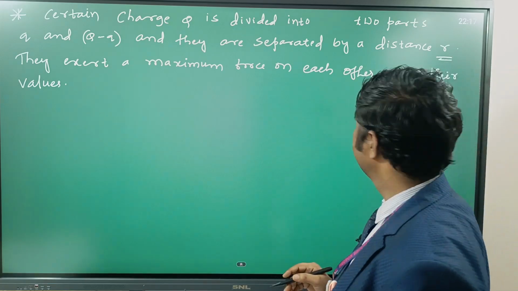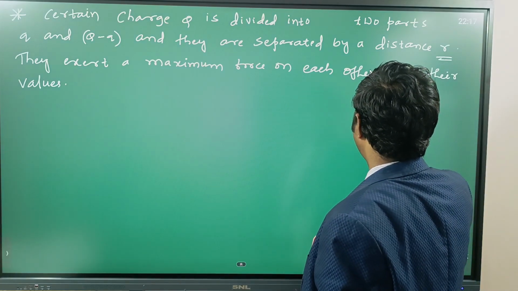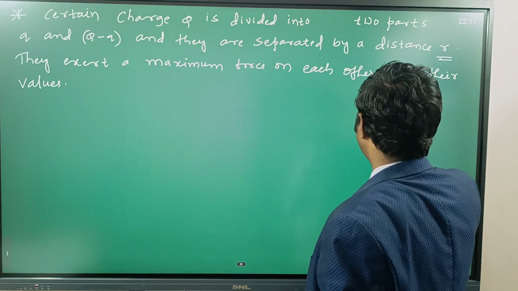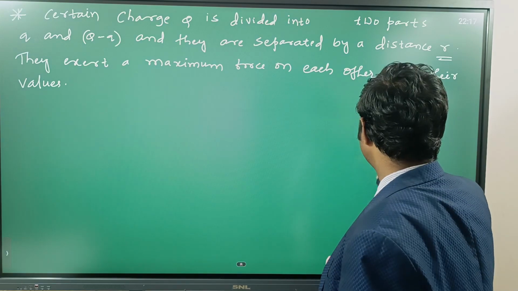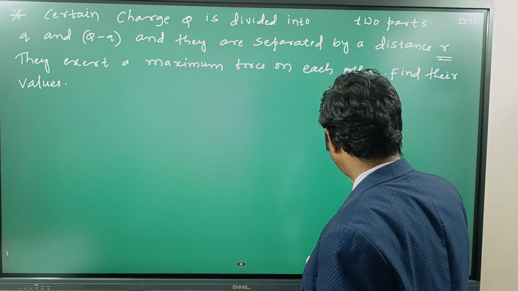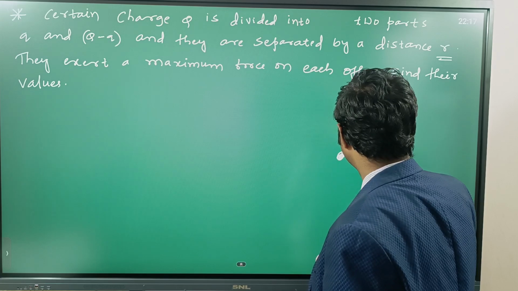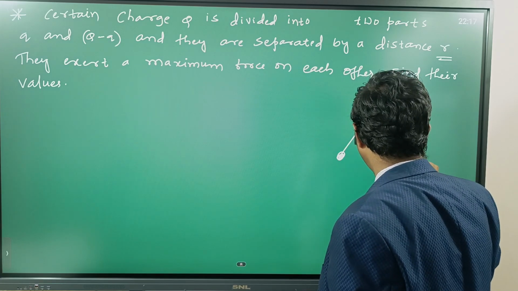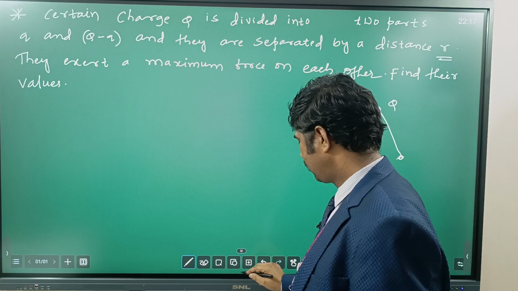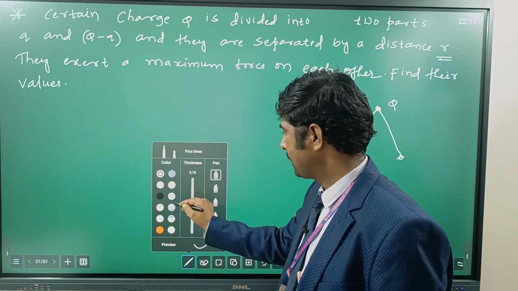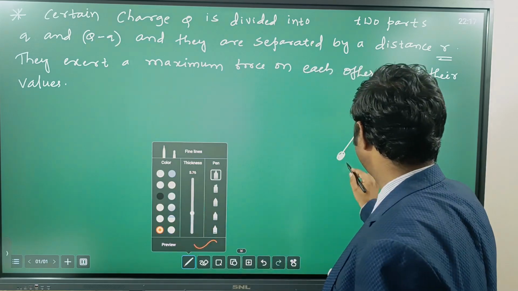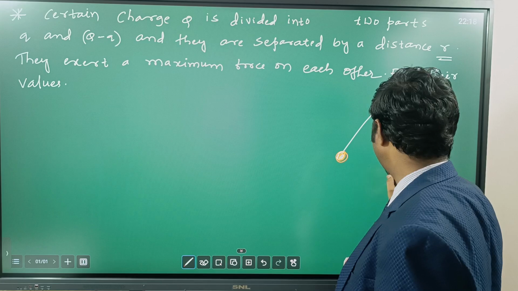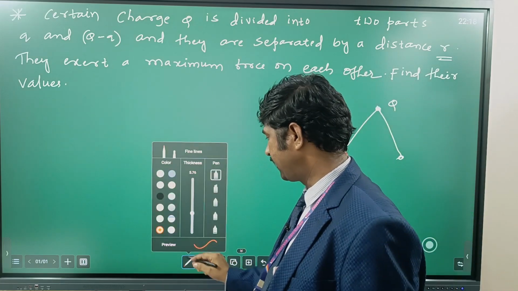Find their values. So we have one charge, that is capital Q. This charge capital Q is divided into two parts. How many parts do we have? We have two parts. This is one part and this is another part.